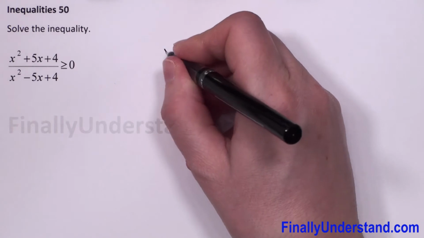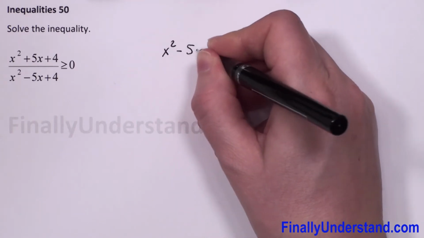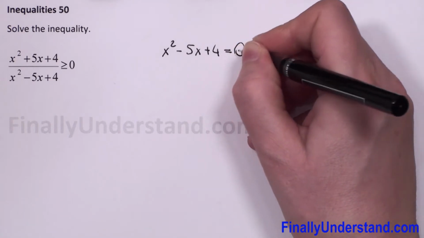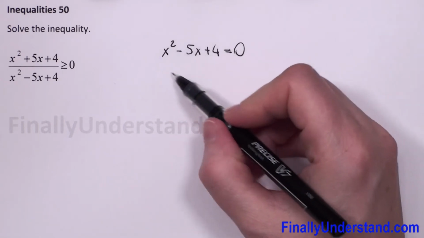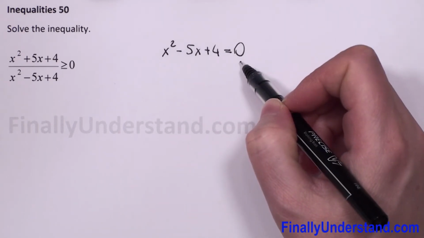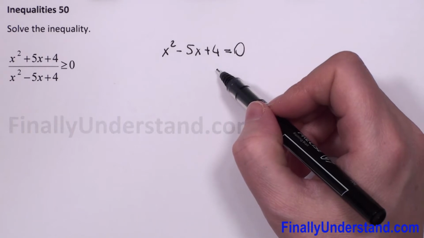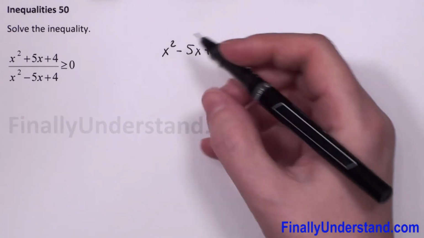So we have x squared minus 5x plus 4 equals 0. So we have a quadratic equation. To solve, we have to factor or use the quadratic formula, but I think we can factor this.